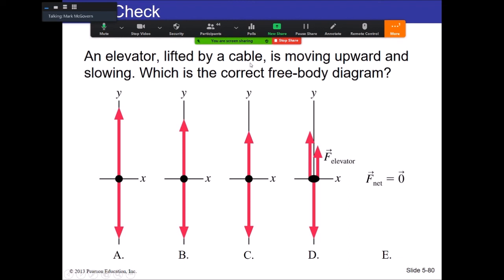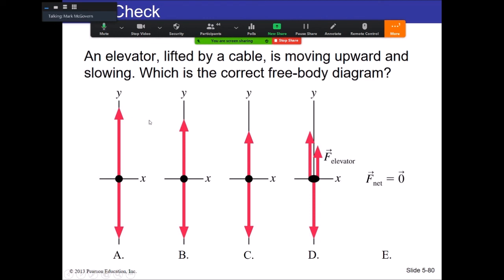An elevator is lifted by a cable. It is moving upward and slowing. What is the correct free body diagram? So if I were to do a force identification here, the only thing that's really in contact would be the cable. So gravity's down, which they all have, and there must be a force that's upward. But it's moving upward and it's slowing down.